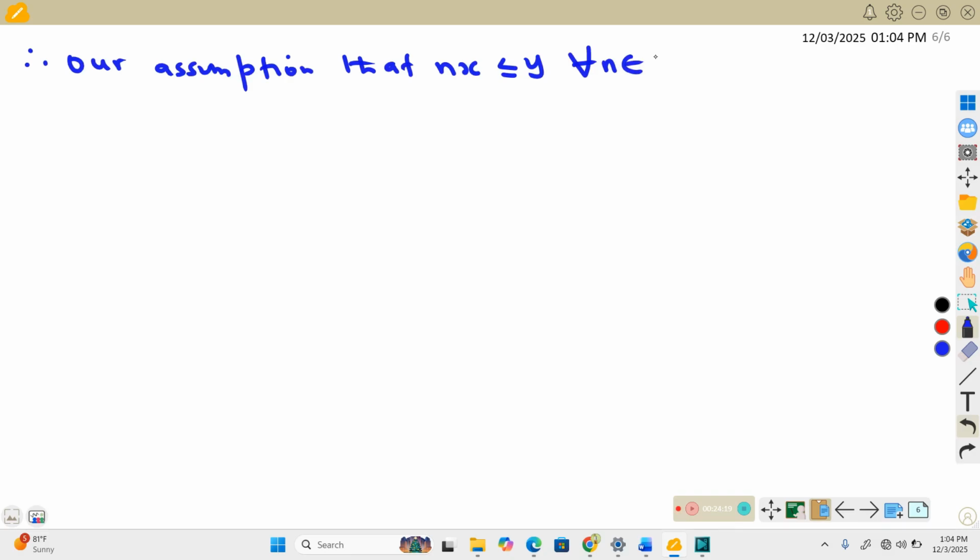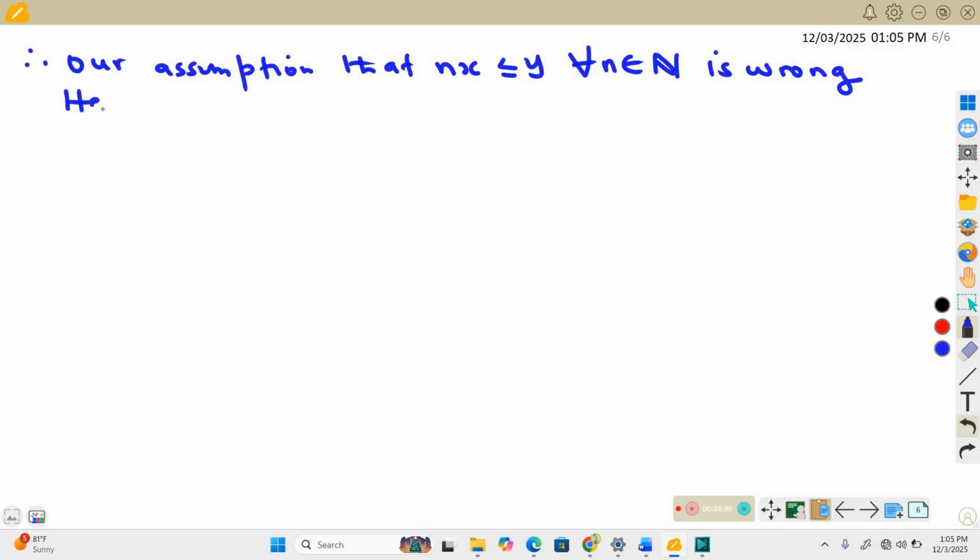Therefore, our assumption that nx is less than or equal to y for all values of n picked from the set of natural numbers is wrong.